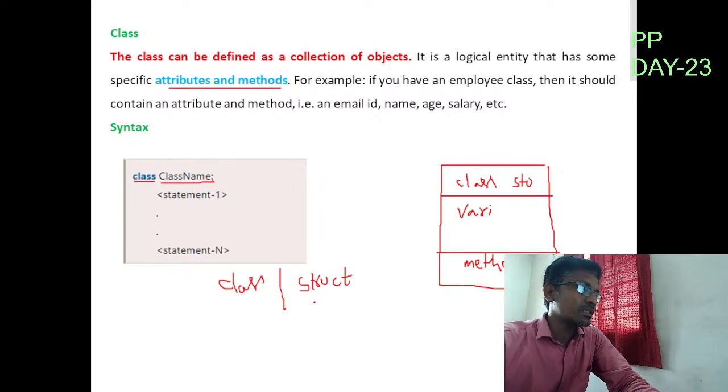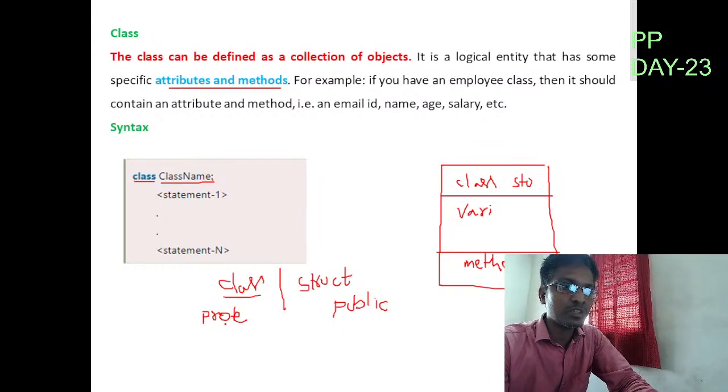One more difference is that a structure has public access specifiers by default, so the structure members are public. Whereas a class, by default, has protected or private members. So a structure is public by default and a class is private by default.